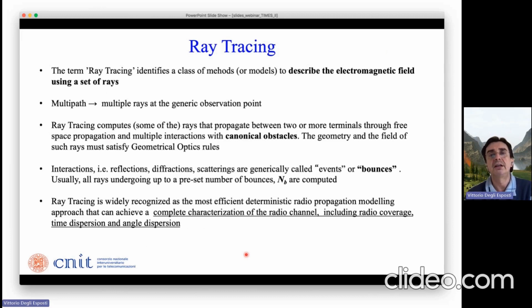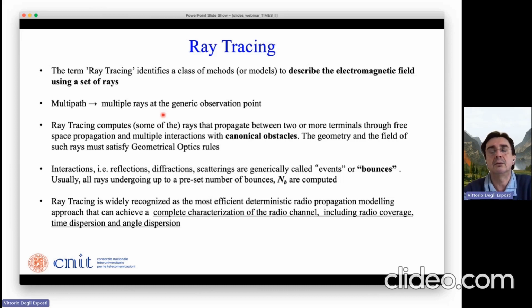So a few words on ray tracing before applying this theory to reconfigurable intelligent surfaces, or metasurfaces, as you want to call them. So what is ray tracing? The term ray tracing defines a class of methods or models to describe the electromagnetic fields using a set of rays.